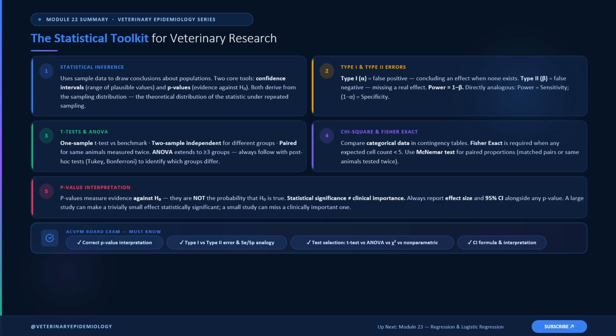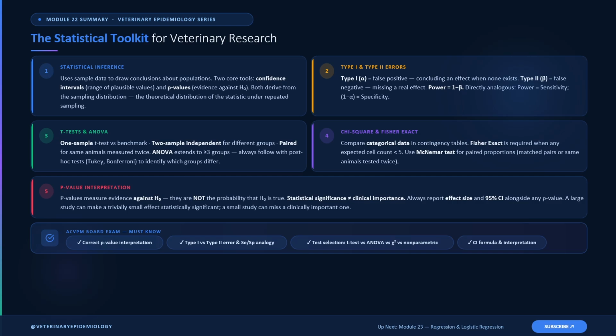Let's bring it home with a quick recap of your statistical toolkit. 1. Statistical inference, using sample data to draw conclusions about a whole population, with confidence intervals and p-values as your 2 core tools. 2. Type 1 and type 2 errors, false positives and false negatives, and remember power equals sensitivity. 3.